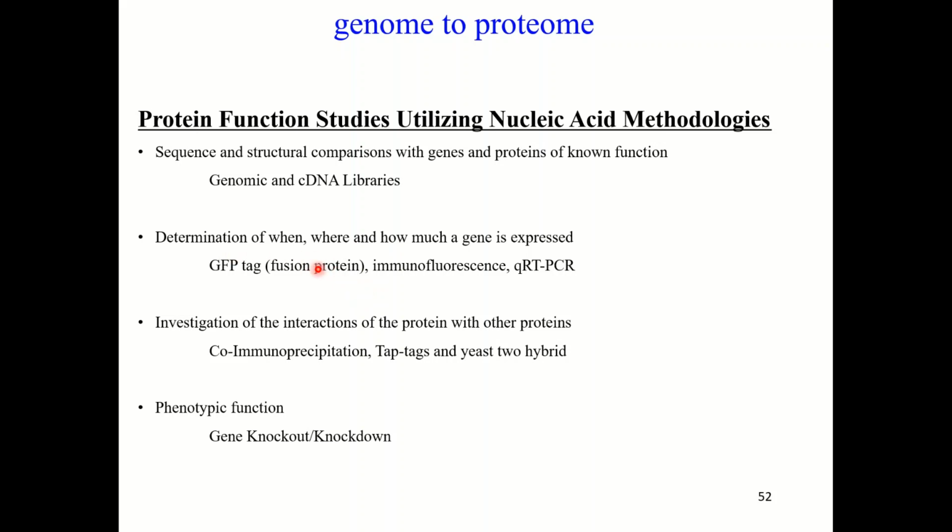You can determine when, where, how much of a gene is expressed, and that technique, qRT-PCR, would be very well used in that.